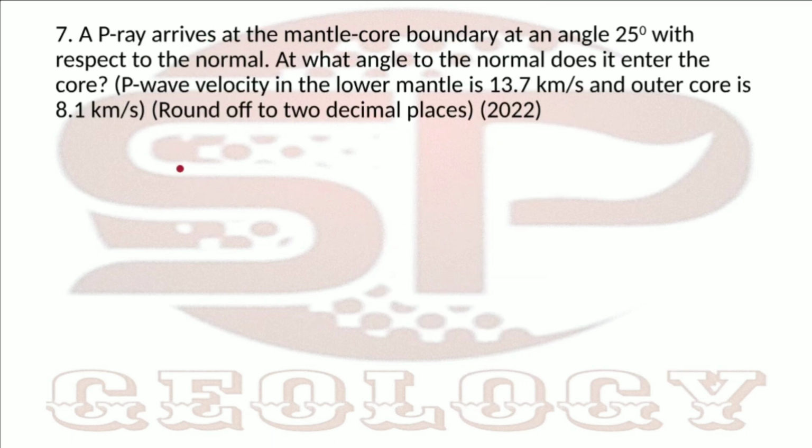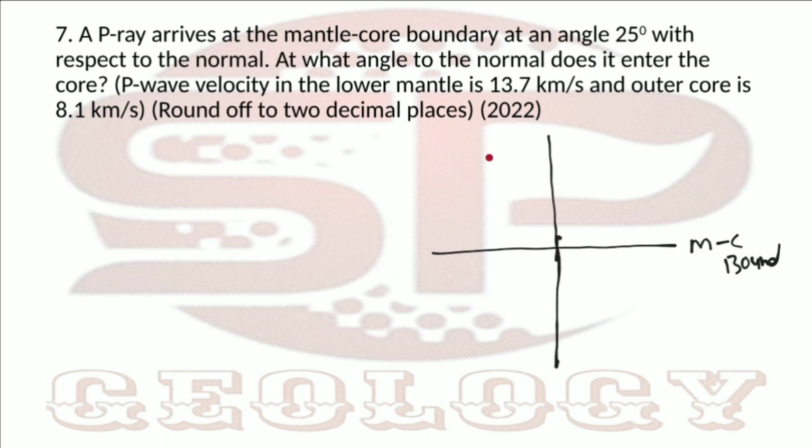A P wave arrives at the mantle core boundary at an angle of 25 degrees. Suppose this is your mantle core boundary. So the P wave arrives at the mantle core boundary at an angle of 25 degrees.